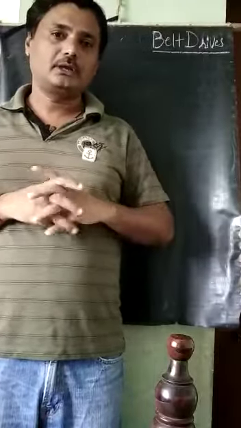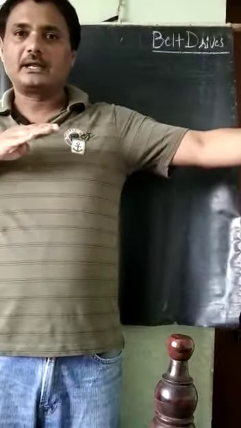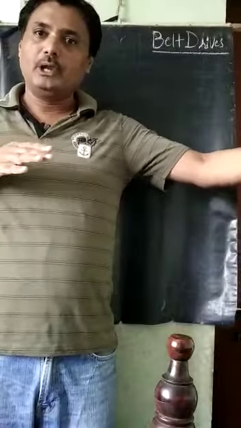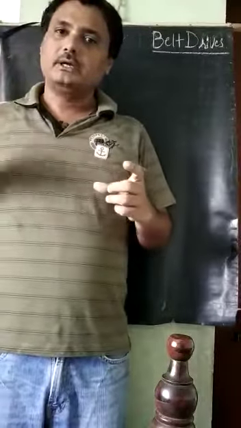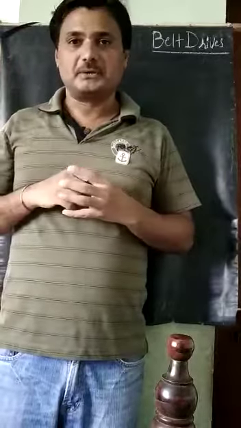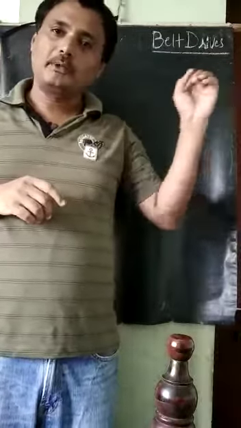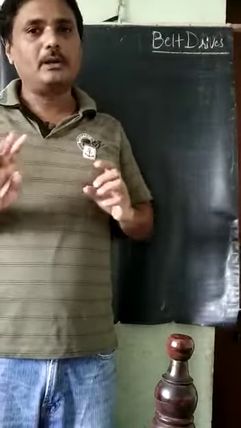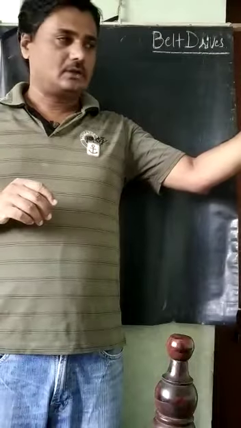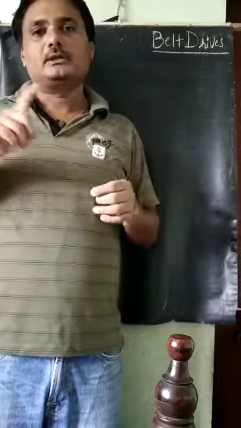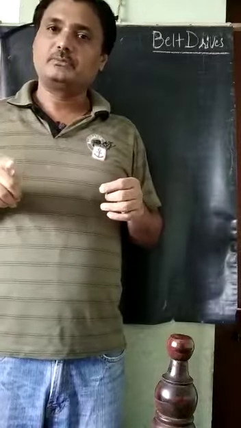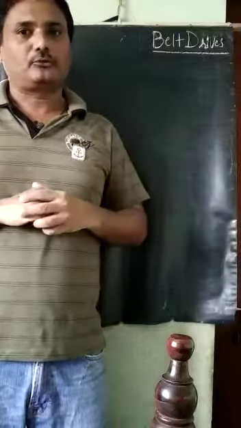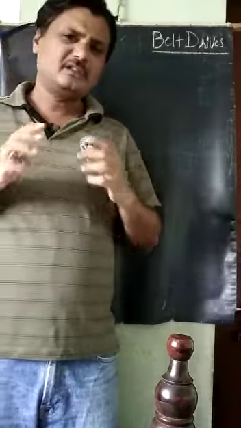How to transmit it? Here one belt is connected from the motor pulley to the pulley of the machine. So when the motor is on, the power will be transmitted from the motor pulley to the machine pulley through the belt. So these are the three examples.